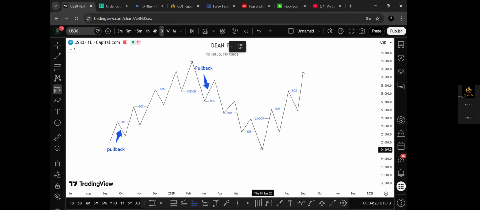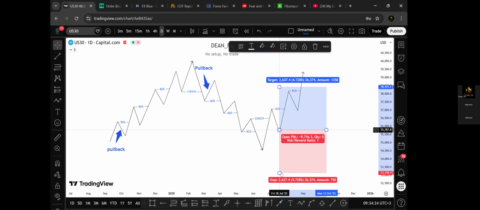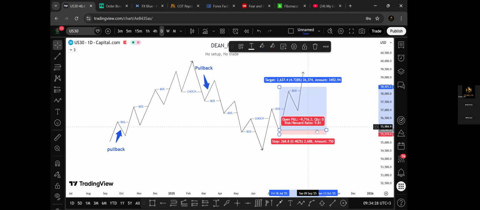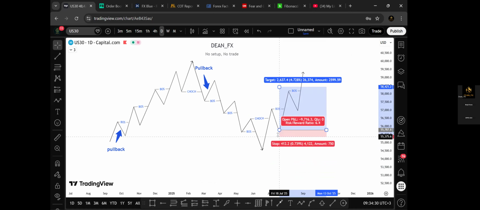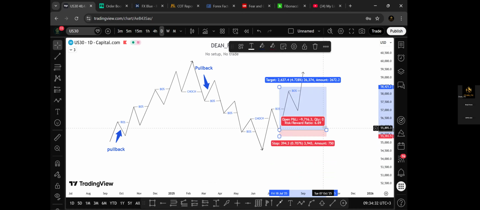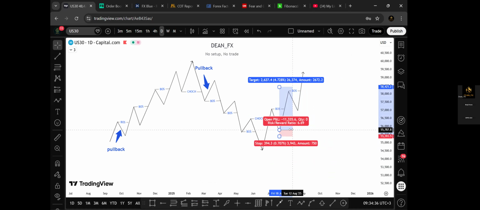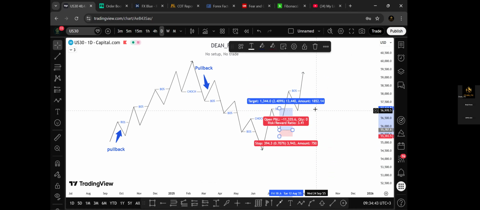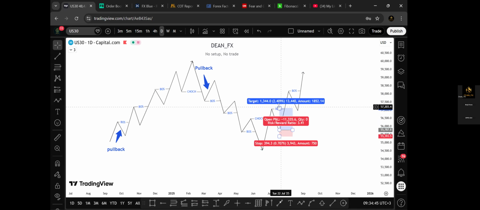These are tools. Maybe when you get an entry here, for example, we look for entries around the lower highs, as I mentioned earlier. So we usually target there. Usually target the higher high.